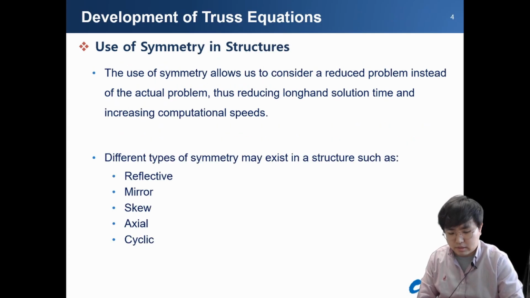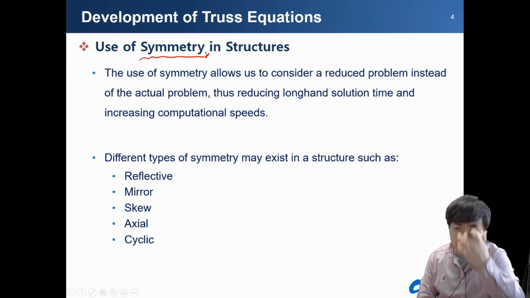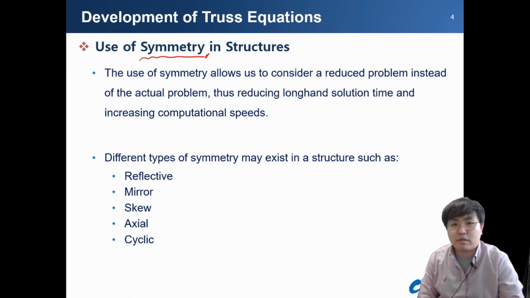Last lecture I skipped some symmetric structure. Our FEM structure becomes more complex in two-dimensional spaces. When you define your system, we have a lot of elements, which means we have many degrees of freedom in the system.